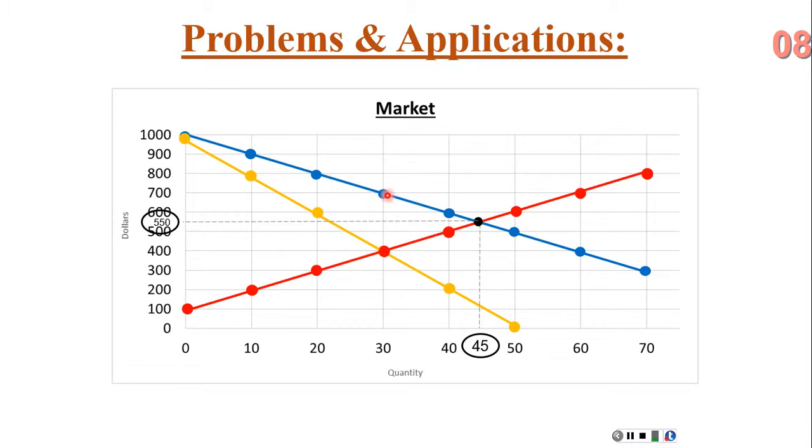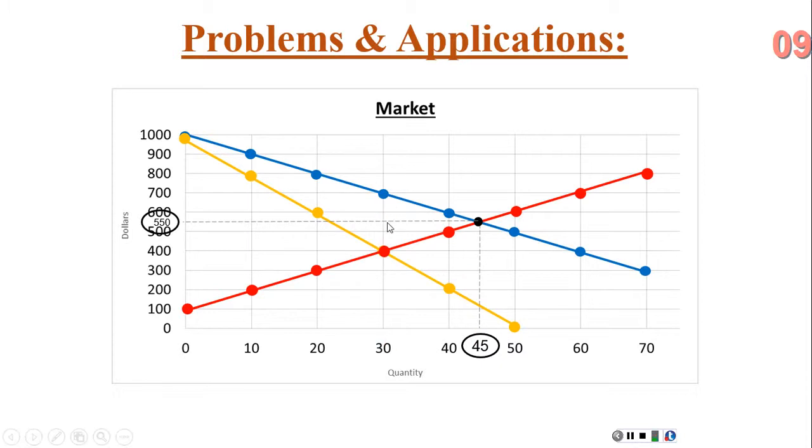So we need to find the area of this triangle, which is base times height divided by 2. What would be the base? The base would be the difference between this price of 700 and the value where marginal cost and marginal revenue are equal, which looks like about 400. So that distance, 700 minus 400, times the height, which would be the difference between 45 and 30, or 15, divided by 2.